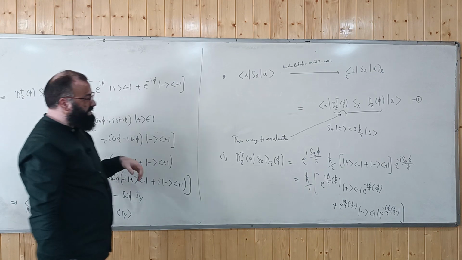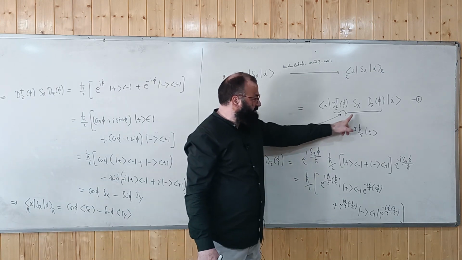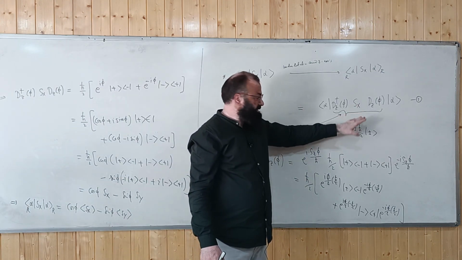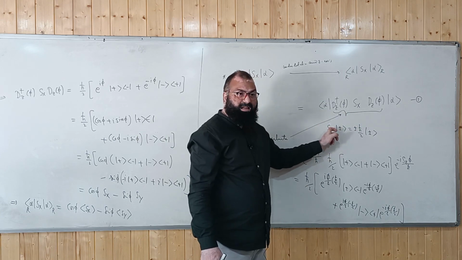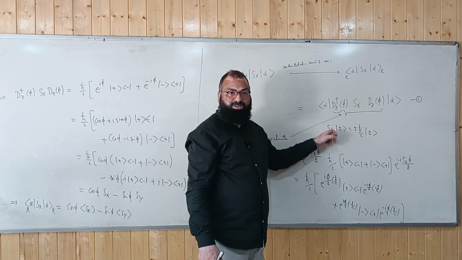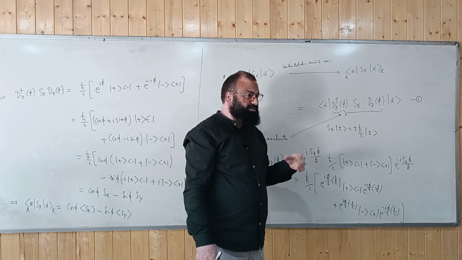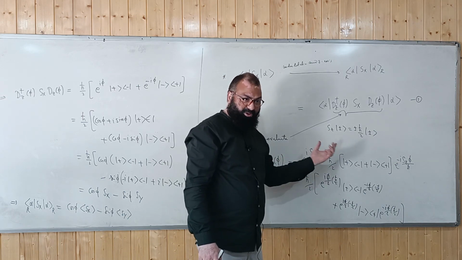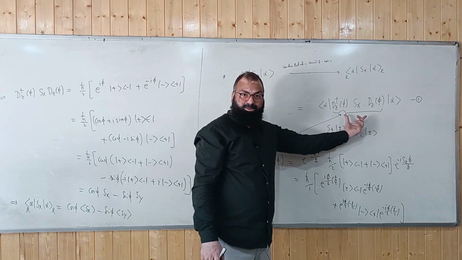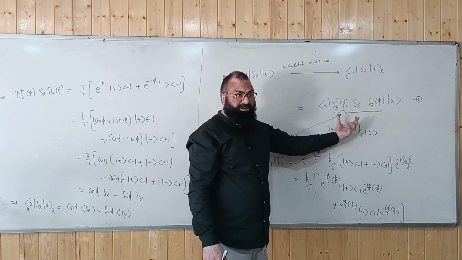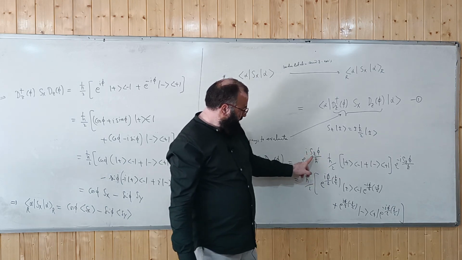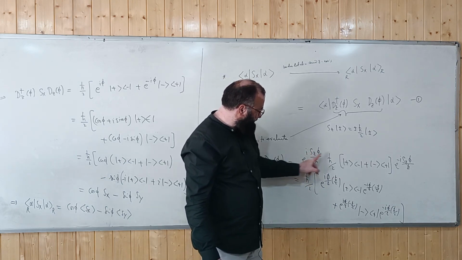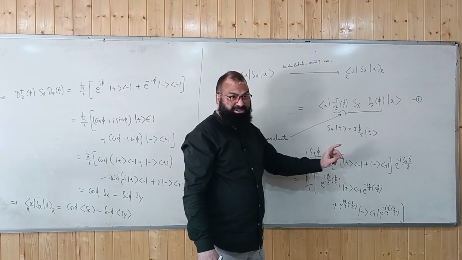So what I am saying, we need to evaluate this object, clear? So let me put it this way. I know this plus and minus are eigenstates of Sz, clear? So it gives us two possibilities to evaluate this product. This is essentially a product between the operators. So let's take this operator. Now I know this Sz will act on plus, it will give me h cross by 2.